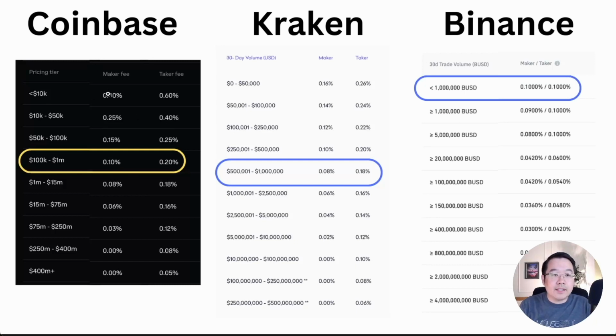But just looking at the Coinbase Advanced side, the highest maker and taker fees you'll pay are 0.4% for maker and 0.6% for taker, and it's based on your volume over a 30-day rolling period. So the higher your volume, the lower your fees. My thought is that overall, even if Coinbase Advanced fees are a little higher, I still think it's worth it because of the unbeatable quality and professionalism of their platform.